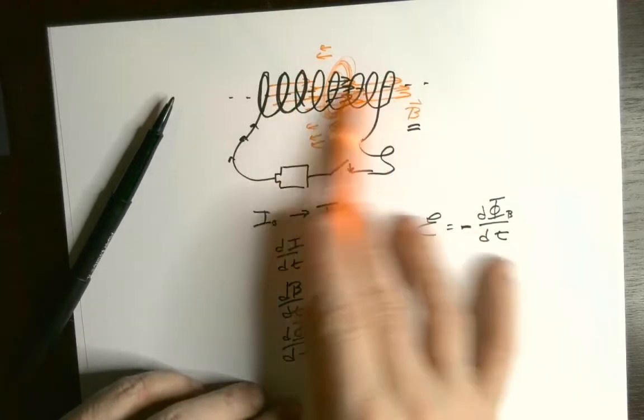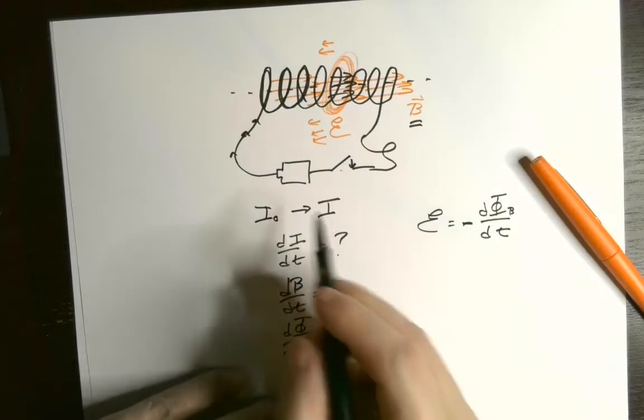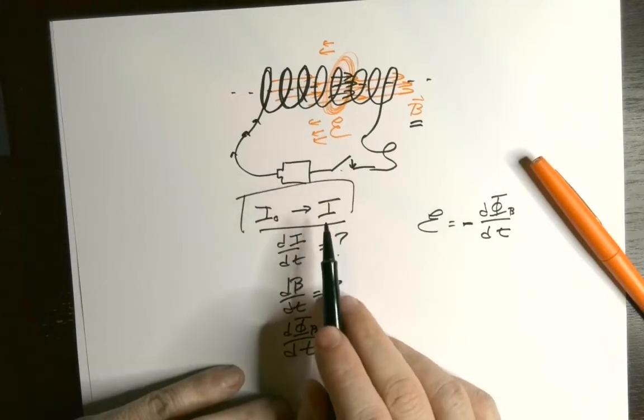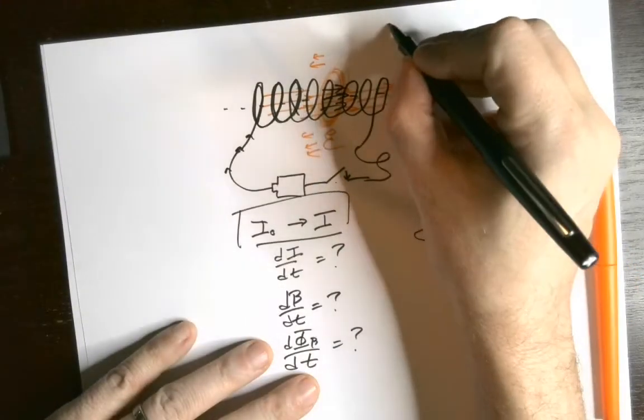That means that a loop of wire like this will inherently resist changes in the current. That phenomenon is called self-induction.